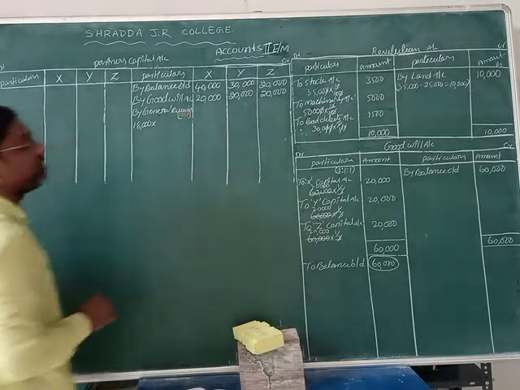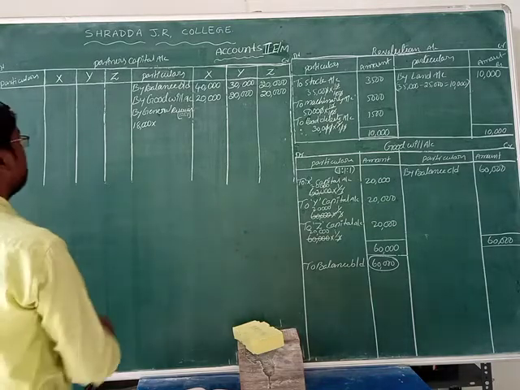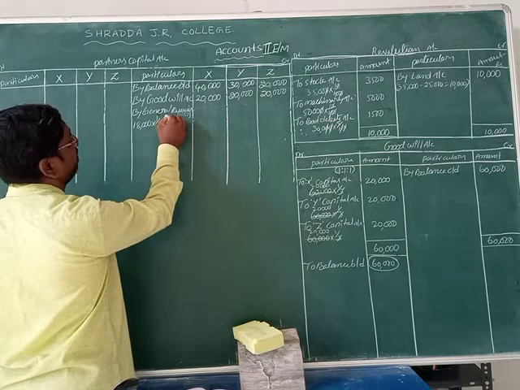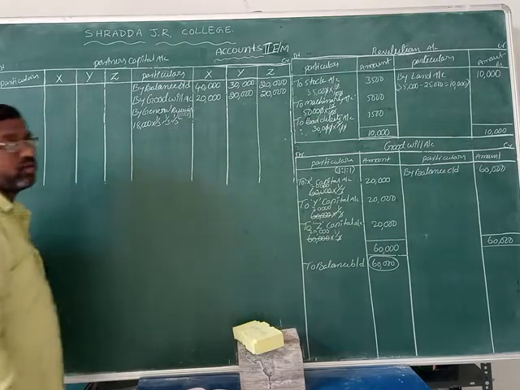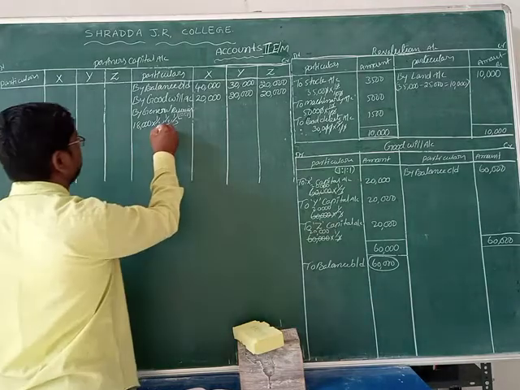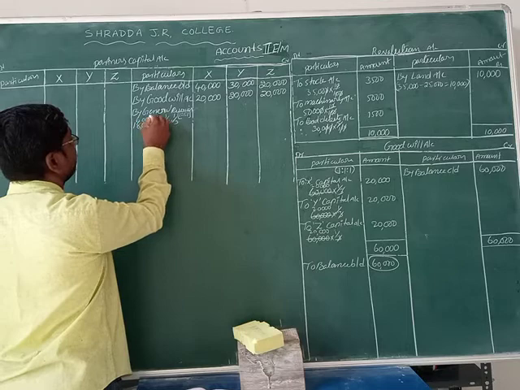This is the equal ratio. You can take any amount, and the three members take the equal amount. Isn't it? So it is 1:1:1, three shares. X has one share, Y has one share, and Z also has one share. Okay now, total how many shares here? Three shares. Now we can calculate: 3 1s are 3, 3 6s are 18.